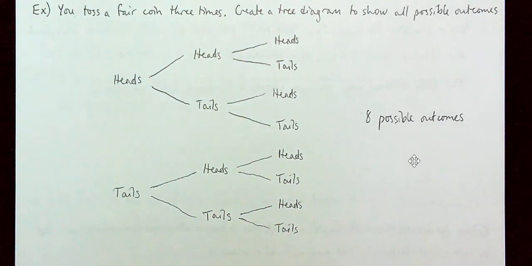You could do this where you, say, roll a fair 6-sided die once, and you roll it twice, and you figure out what are all the possible outcomes you can have. That's a little bit nastier, but overall still not that bad.